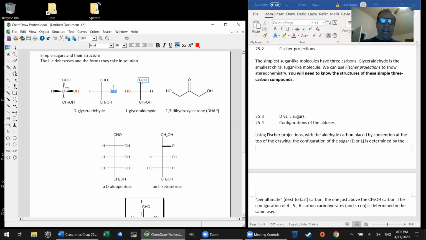So we'll put the aldehyde group with its carbonyl at the top. So the D isomer will have the OH group pointing to the right, the L isomer, the OH pointing to the left. And so it's important to know D-glyceraldehyde and L-glyceraldehyde so you can recognize D and L sugars later on. And we'll go through that in just a moment.